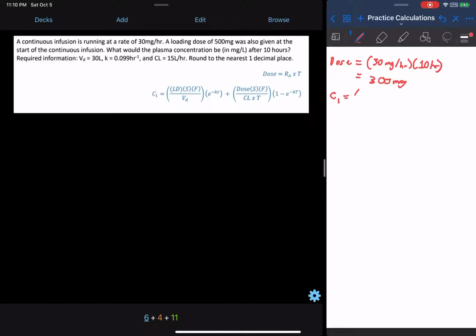So we can plug in our loading dose here, times S times F. And the volume of distribution is 30 liters.